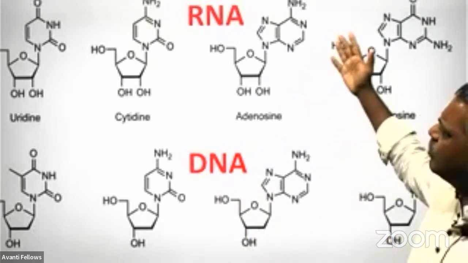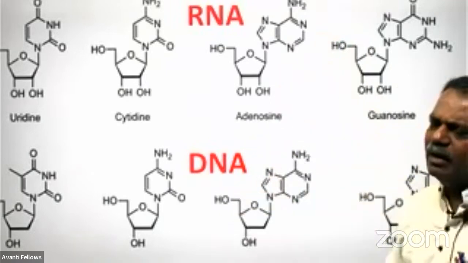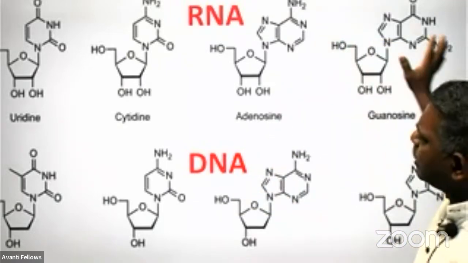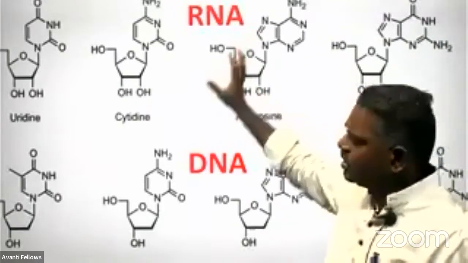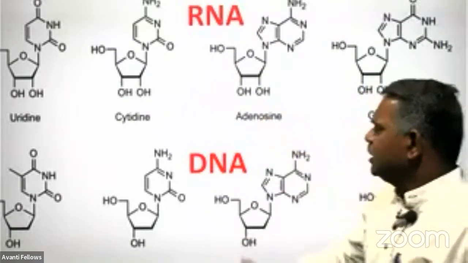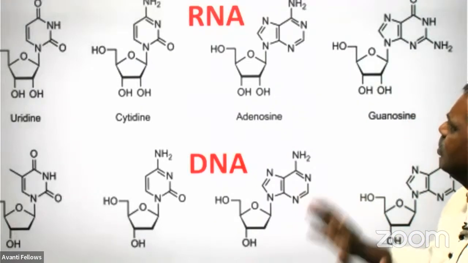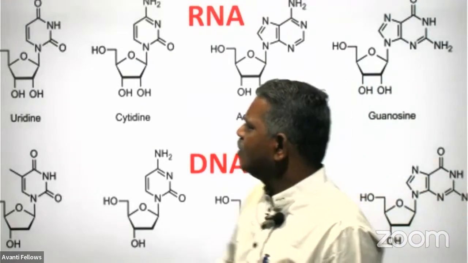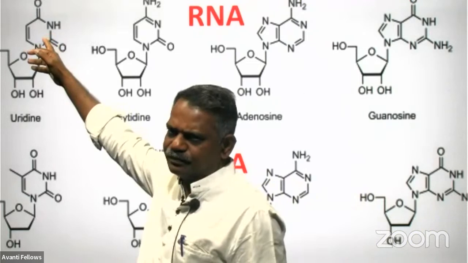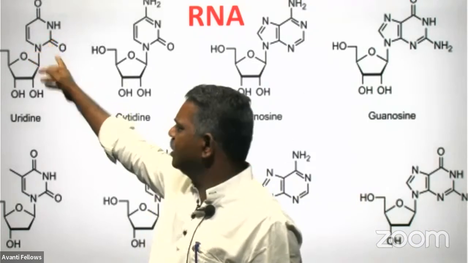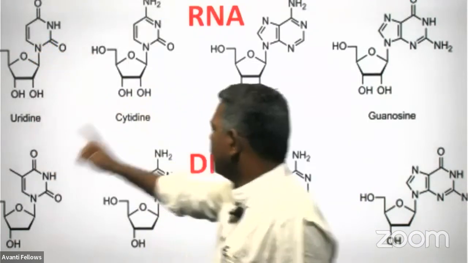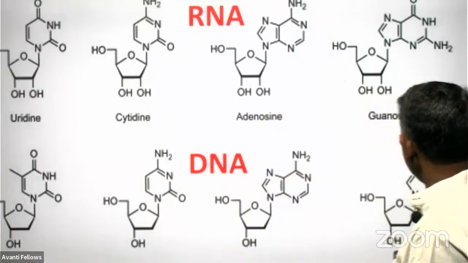A nucleoside is a combination of only this pentose sugar and this nitrogenous base. It is different between RNA and DNA in structure. In RNA, all the pentose sugars are ribose sugar only, whereas in DNA, these are all deoxyribose sugar. And one more difference, in case of RNA, you can find U here. Uracil is there in case of RNA, but in case of DNA, uracil is not there.